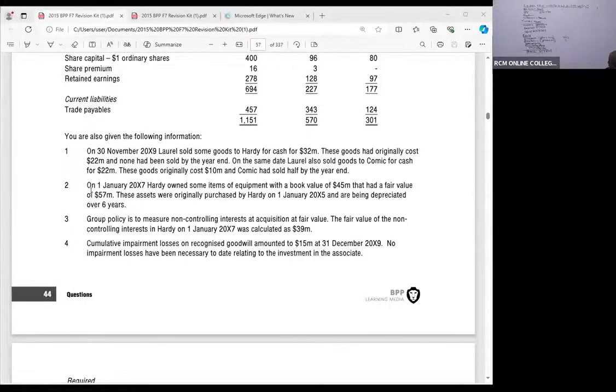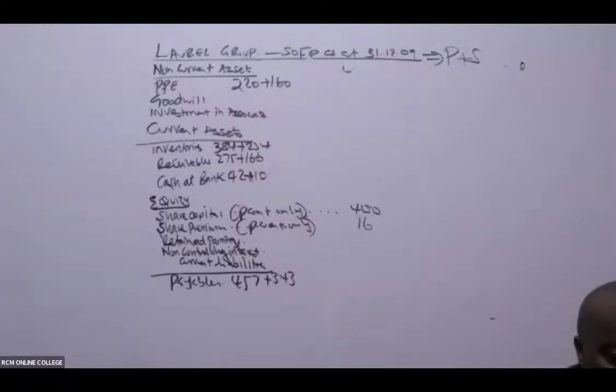Because it's a gain, the book value is lower and the fair value is higher. So 57 minus 45 gives me what? Yes, 12. That gives me 12.